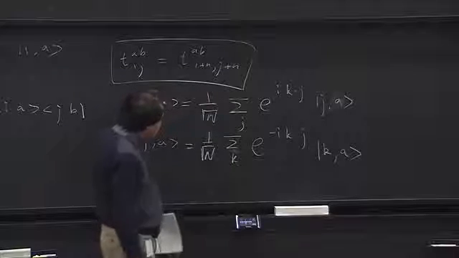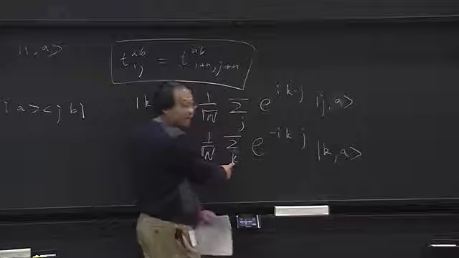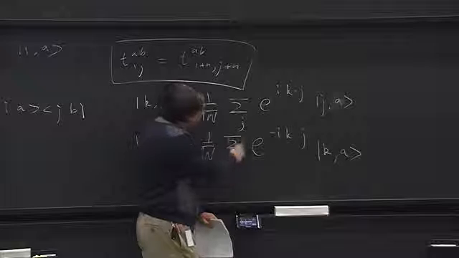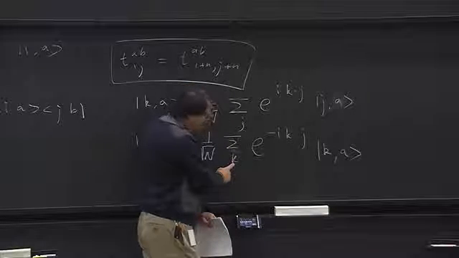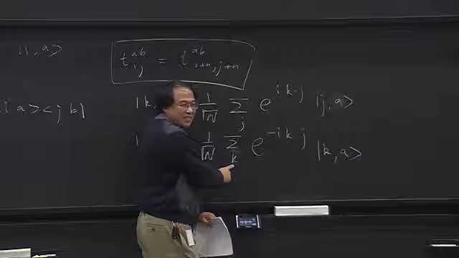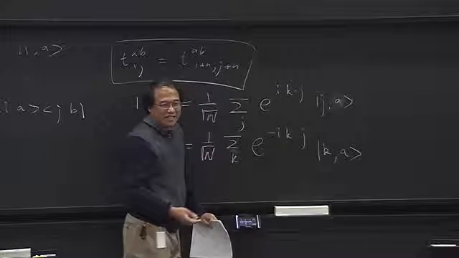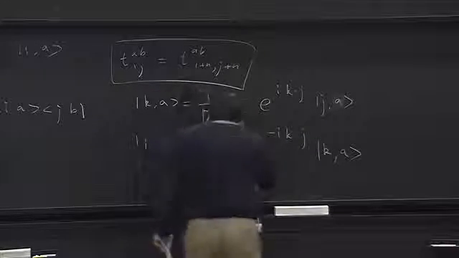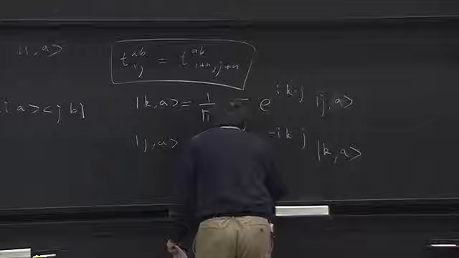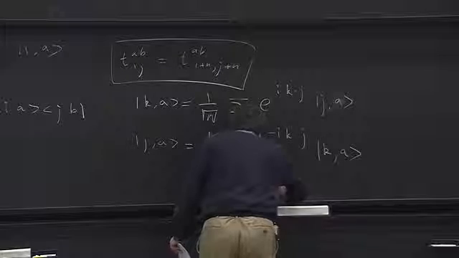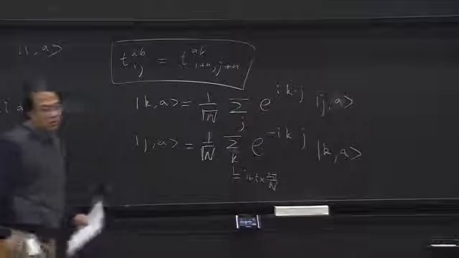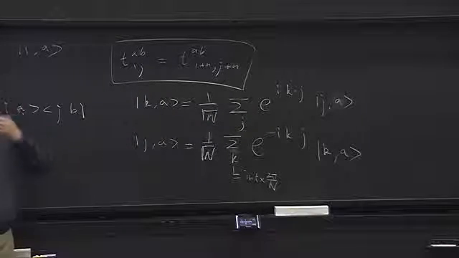It's kind of strange to say, what do you mean by sum over k? k is a wave vector, while here j is an integer. Wave vectors are discrete, as I mentioned before. This k is equal to an integer times 2 pi over N. So we sum over discrete wave vectors.